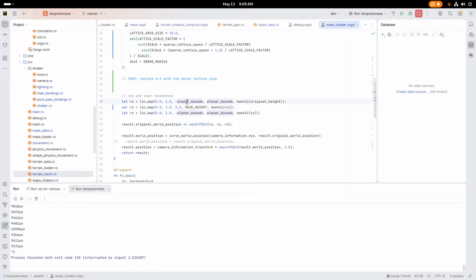Yeah, I need to optimize my maze rendering. I think I have a few ideas. Just like, that's so painful.